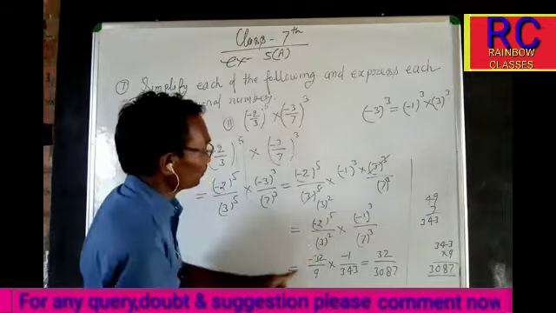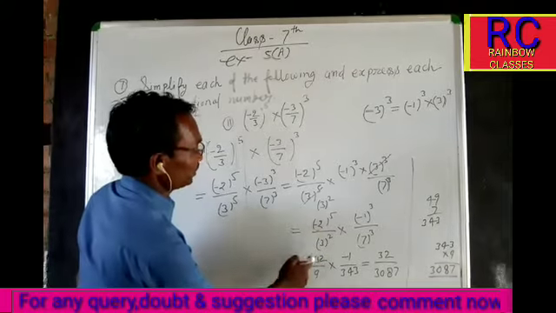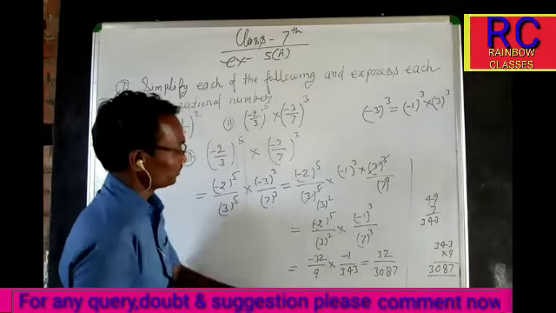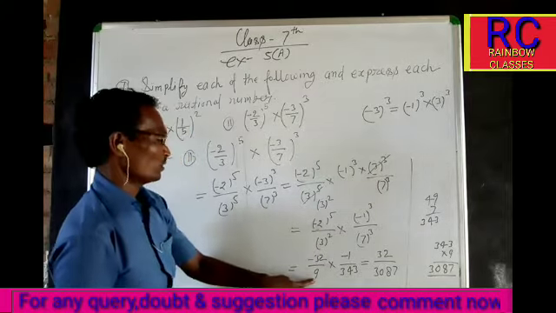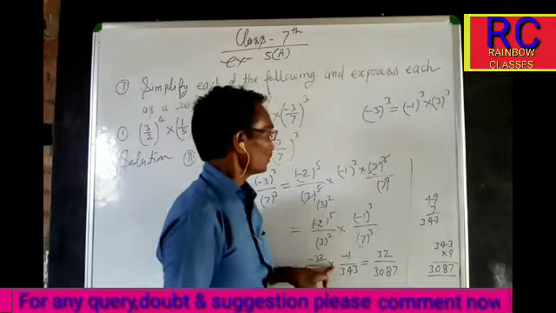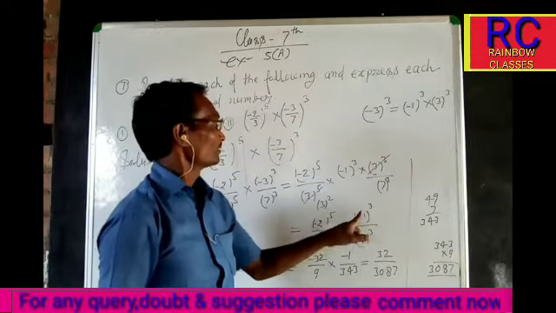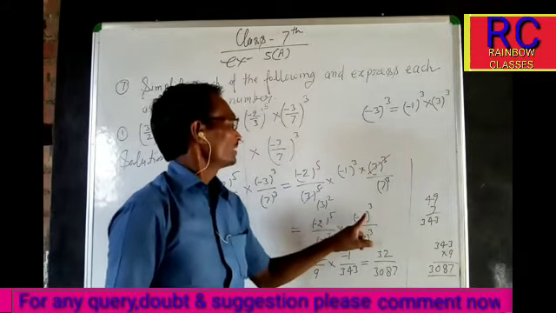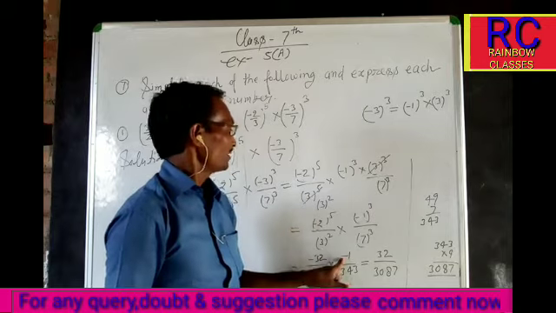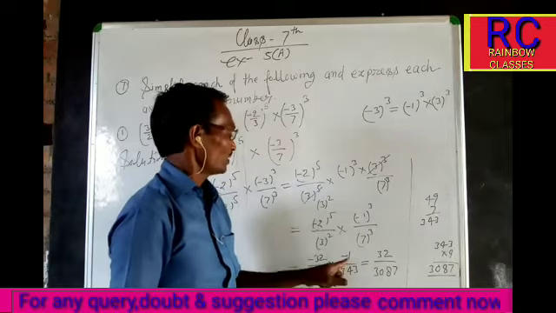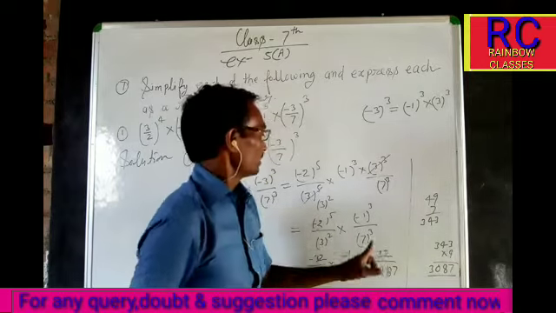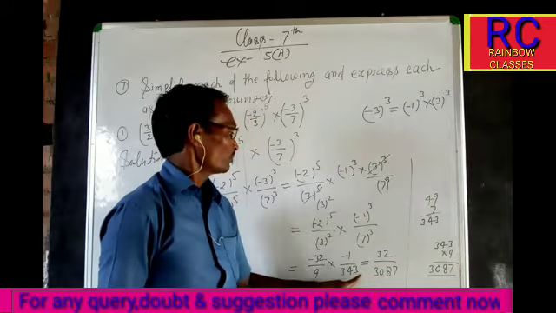Minus 2 to the power 5 is equal to minus 32, and 3 squared is equal to 9. Minus 1 cube is minus 1. 7 cube is equal to 343.